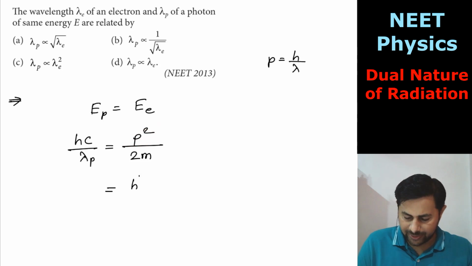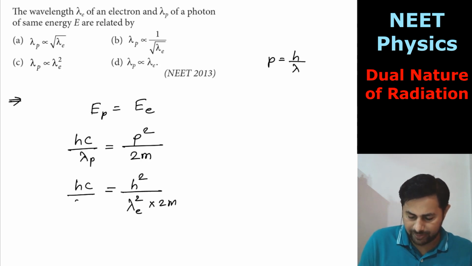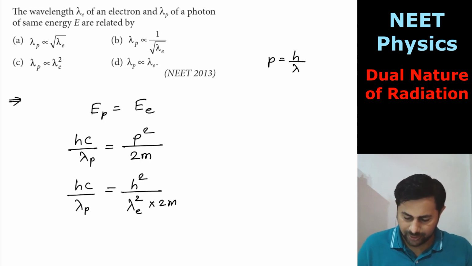So you get h square by lambda of electron square times 2 times m, and this is hc by lambda p. Okay, then this h gets cancelled out with the square, right?